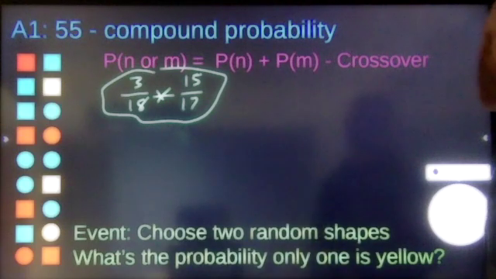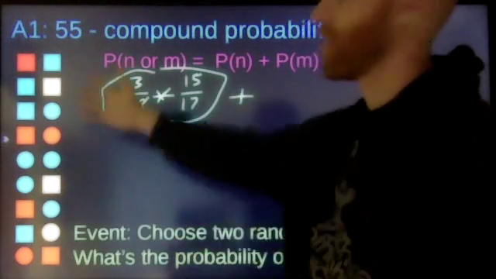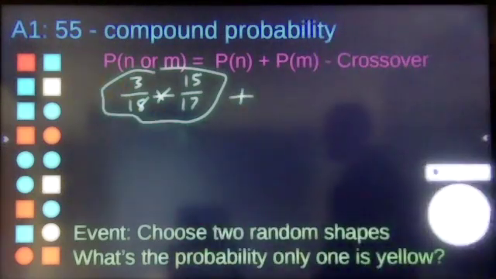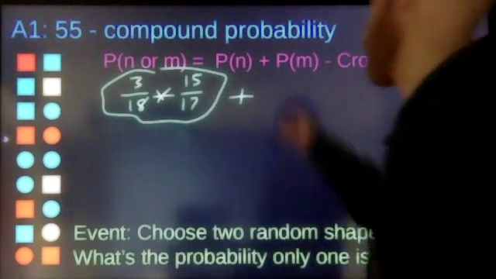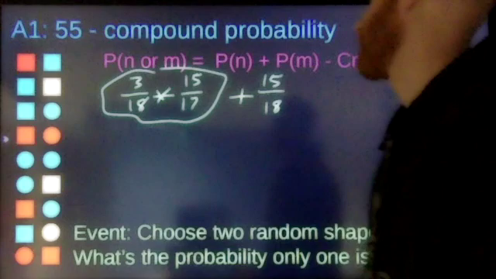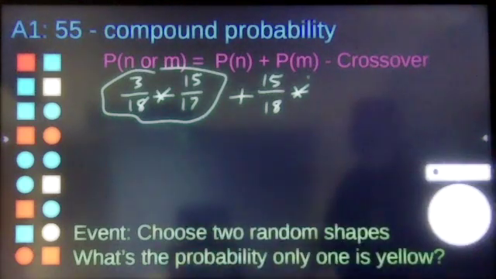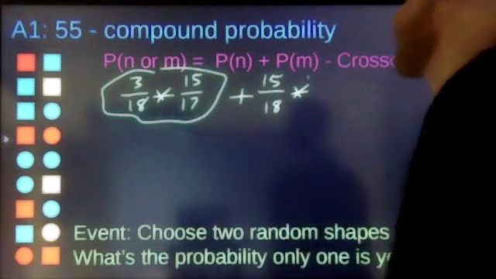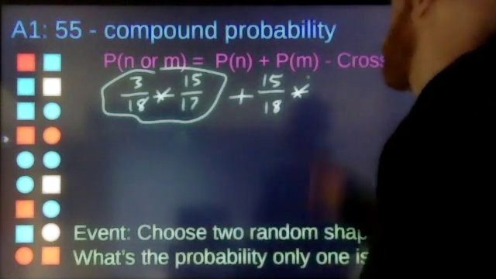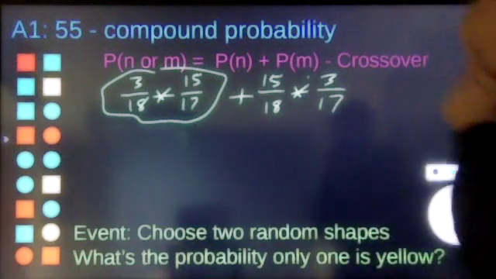All right, we're going to combine that with what's the probability of not taking a yellow shape first, that times what's the probability of taking a yellow shape second after we've already taken a non-yellow shape first. 3 chances out of 17.